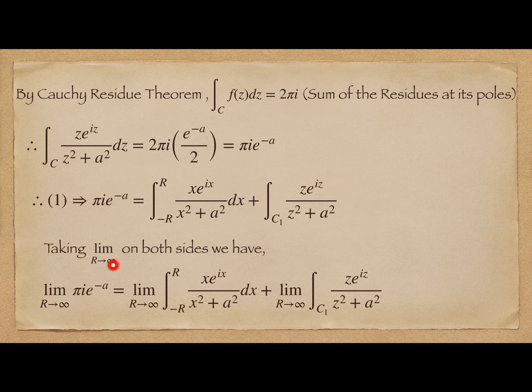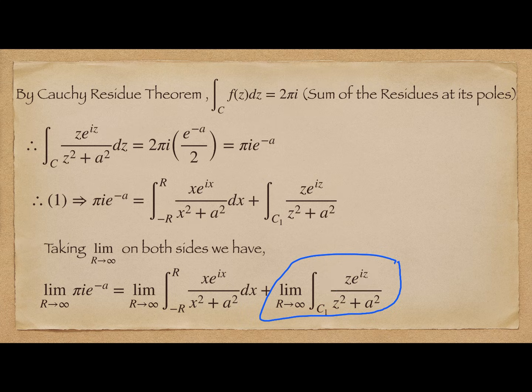Now we need to take the limit R tends to infinity on both sides. Wherever we have these terms, we just take the limit R tends to infinity. Now why should we do this? Because we need to get the result with respect to the contour. You can see clearly, when R tends to infinity, the integral over the curve C1 of z e^(iz) by z squared plus a squared becomes vanished.